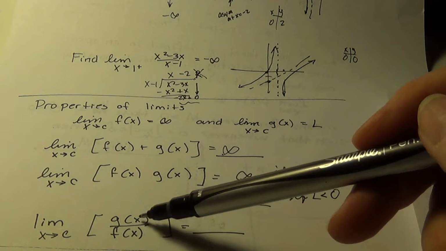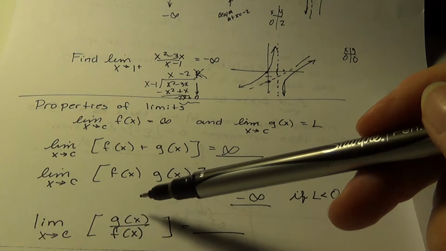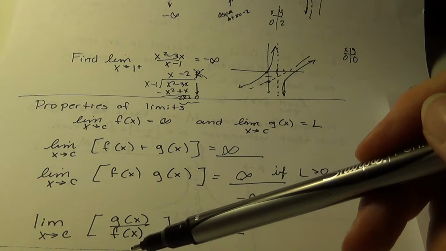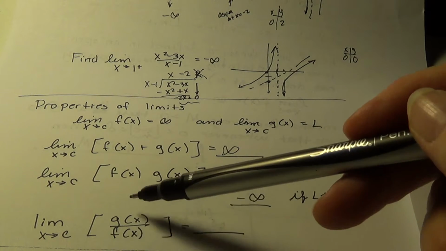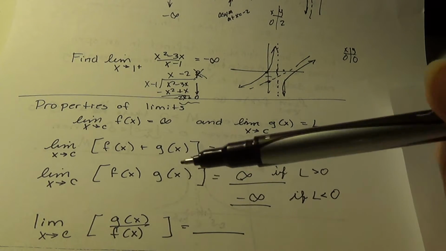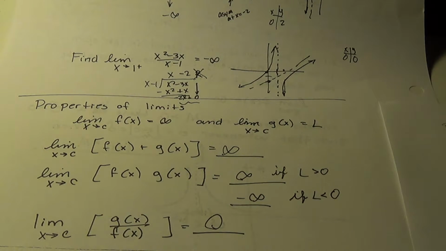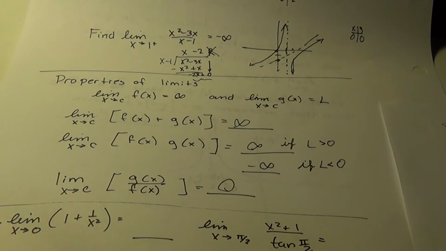So you have something finite divided by something infinite. Infinity is so large, and if you're dividing something finite, even if it's quite large, by infinity, it's going to be 0. So hopefully you could have jumped to that before I did.